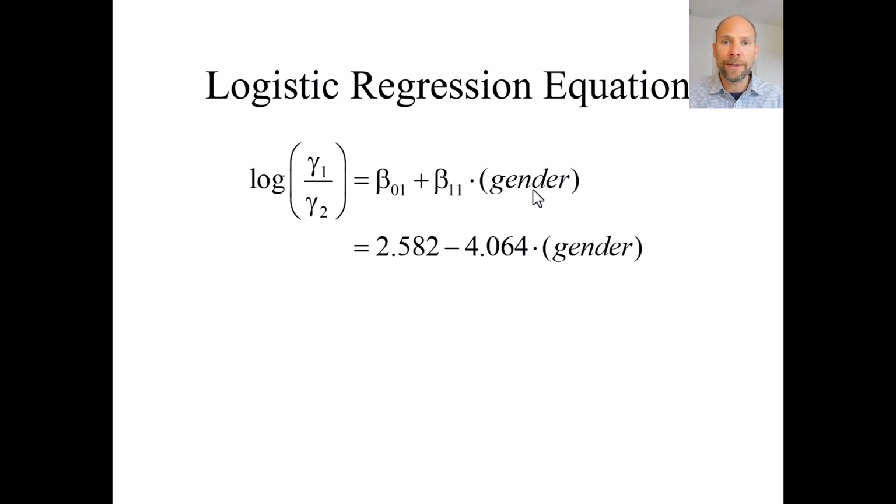In this case, we have to know that females are coded as 0 and males are coded as 1 on this gender variable. So it's a dummy variable, a 0, 1 binary variable with 0 for females, 1 for males. And this is arbitrary. We could have chosen 0 for males and 1 for females. It doesn't matter for the purposes of this analysis.